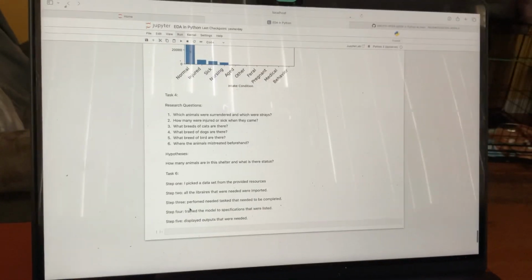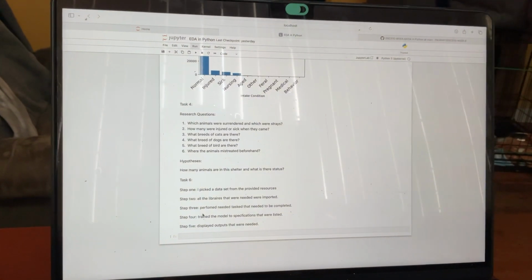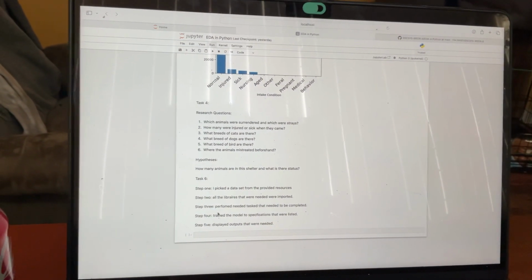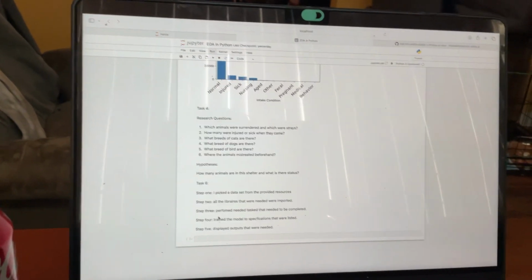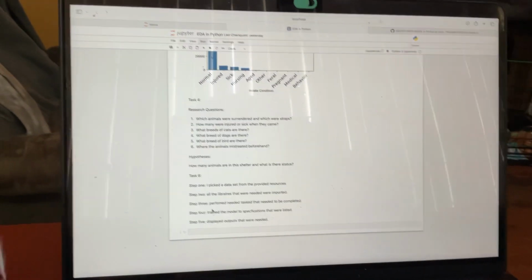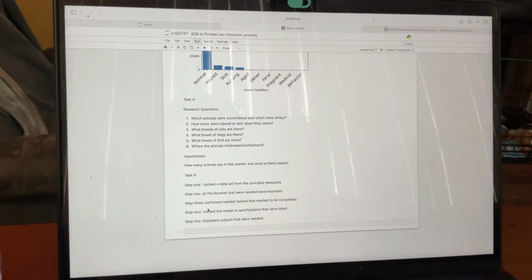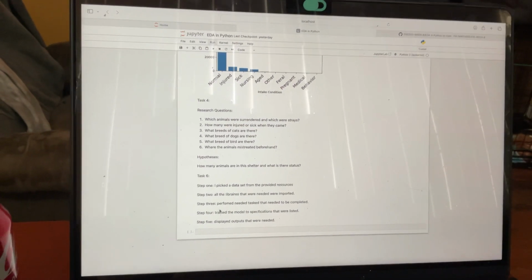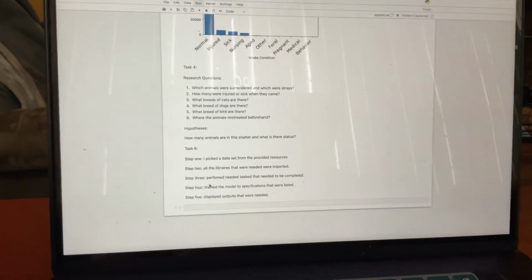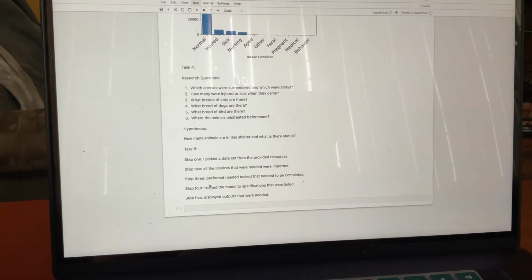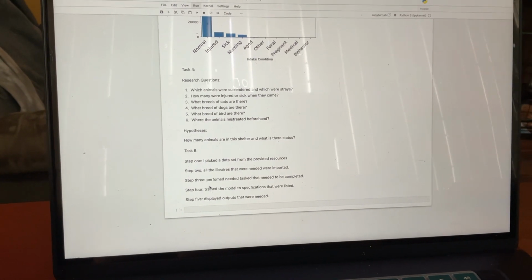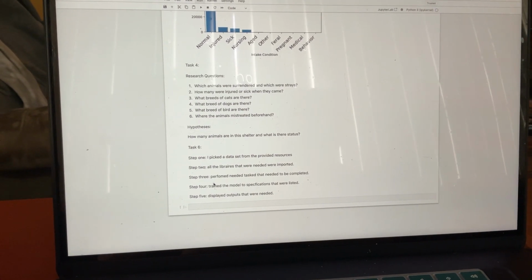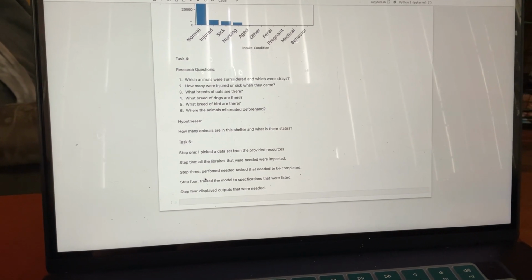So for task 6, I split it up into steps. Step 1 was the data set I picked, which was the data set about the shelter in Texas. Step 2 was the libraries were imported, so that was task 3, task 3 and task 2.